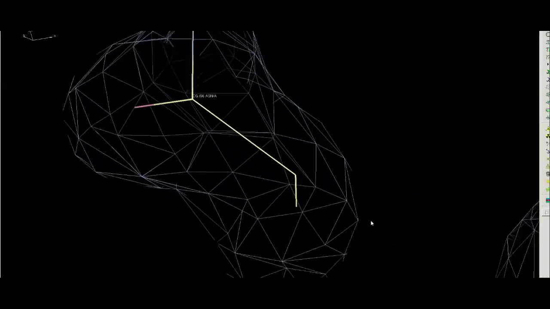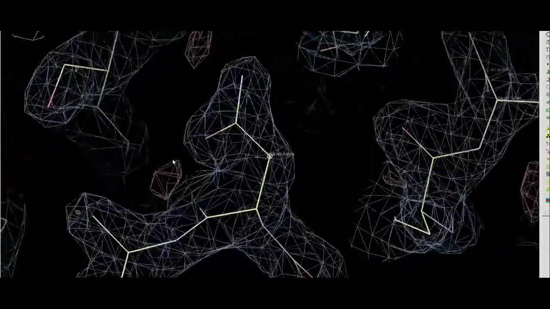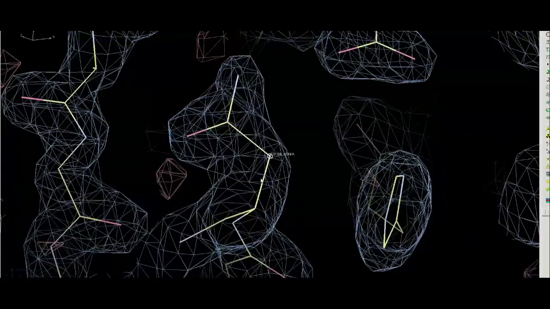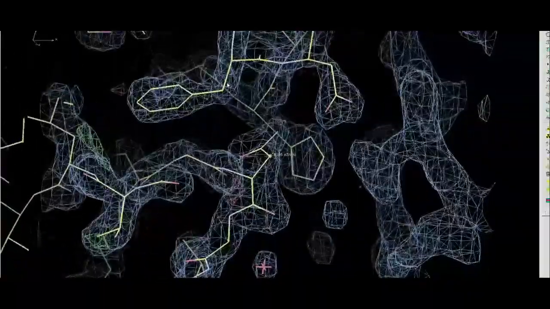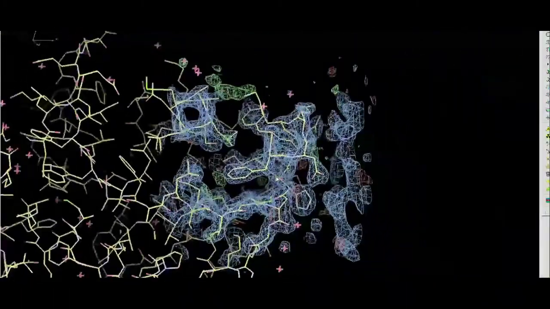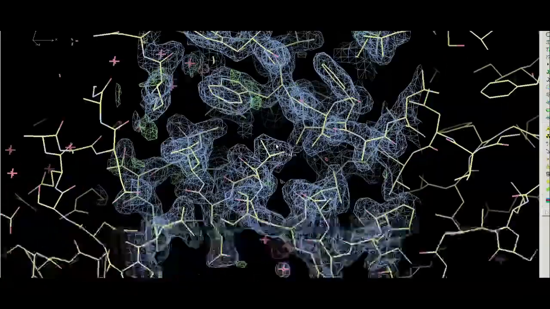So we know that something like this carbon would have two hydrogens on it, but you don't see any electron data from the hydrogens. So yeah, this is the electron data compared to what we've modeled in.